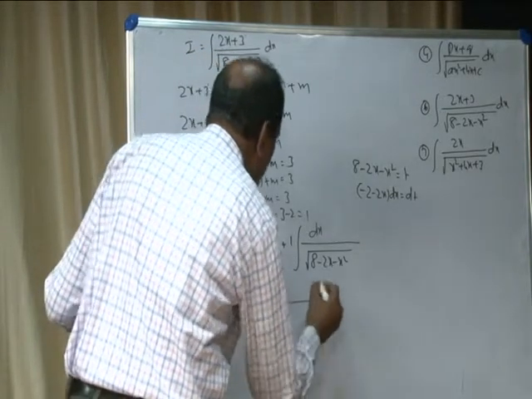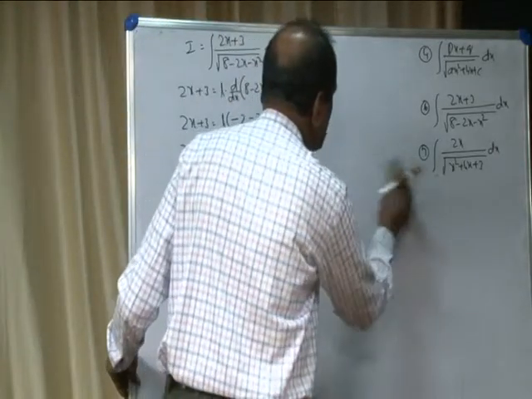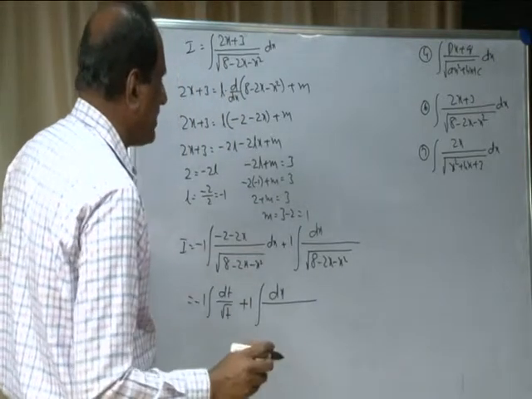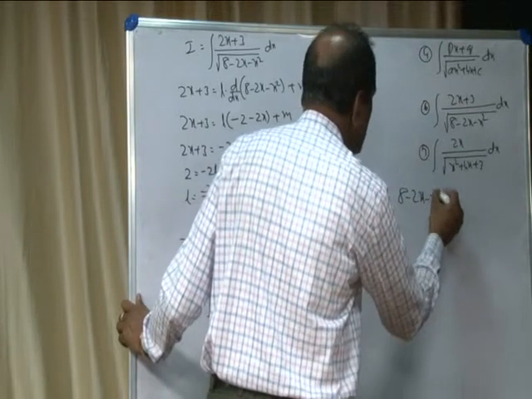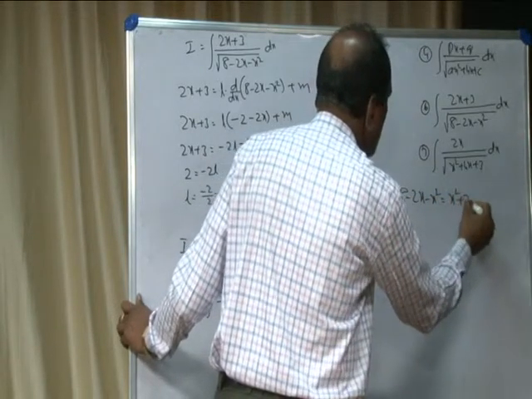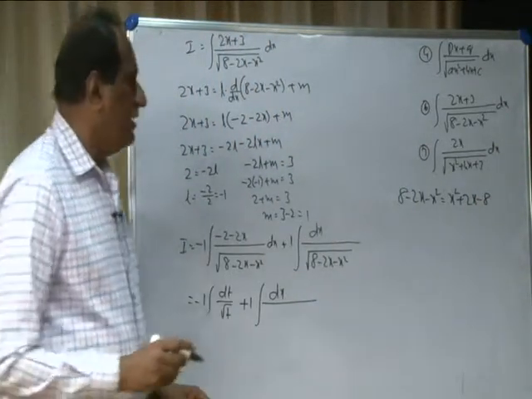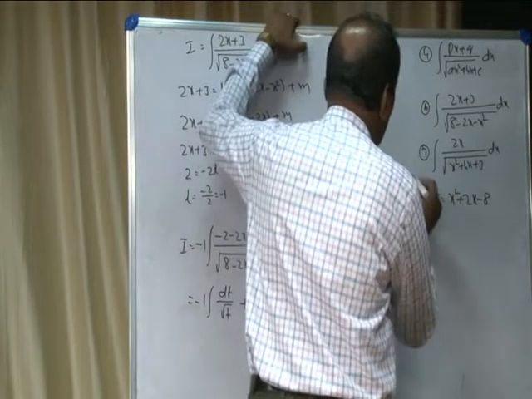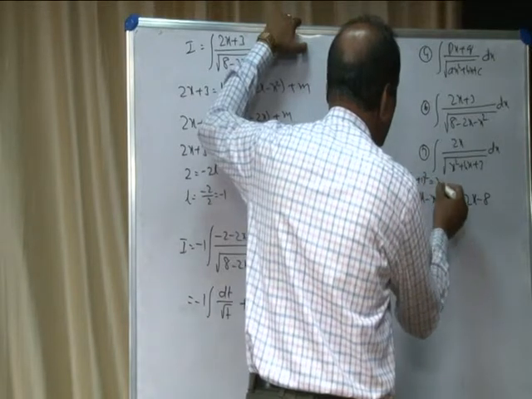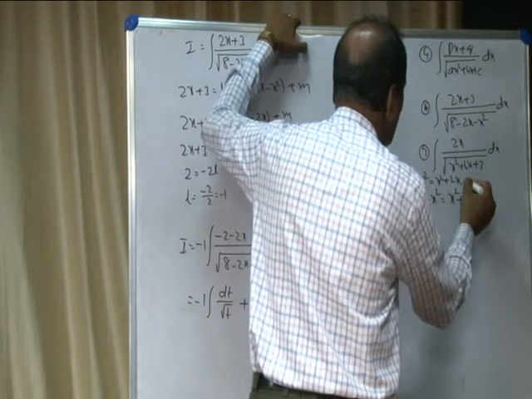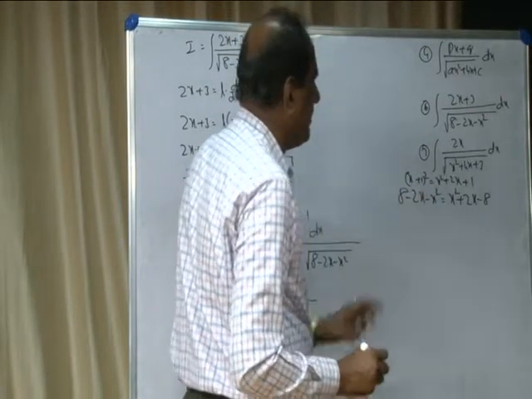dx divided by, now express the denominator as a sum of squares or difference of squares. 8 minus 2x minus x square can be written as x square plus 2x minus 8, I multiplied each term by the minus sign. Now half of 2 is 1, expand this, we get x square plus 2x plus 1. x plus 1 whole square is x square plus 2x plus 1.